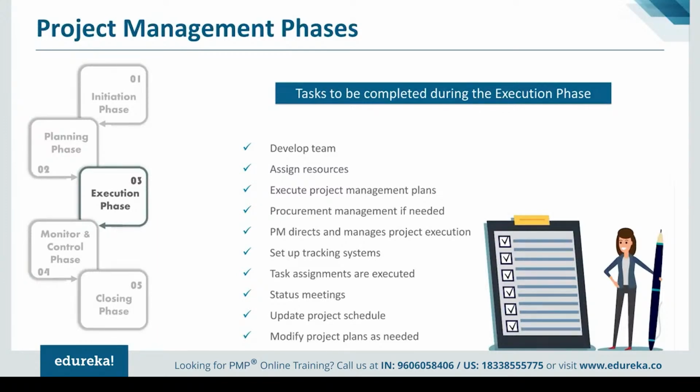And then what's most important is, as a project manager, I should be able to direct my team. I should be able to manage the execution effectively by continuous monitoring. And that's where your tracking system will come into the picture. These days, I've seen we mostly use tools. It could be MS Project, or Clarity from CA, or even a simple Excel sheet.